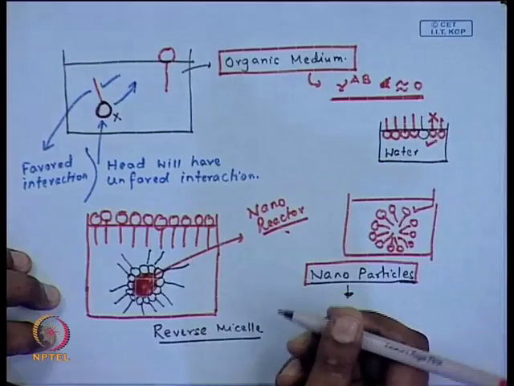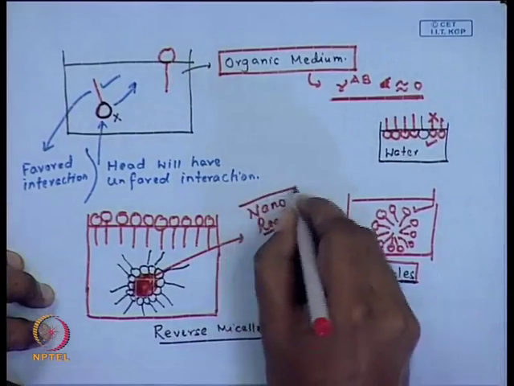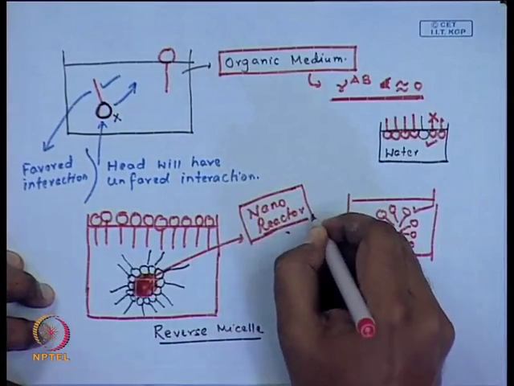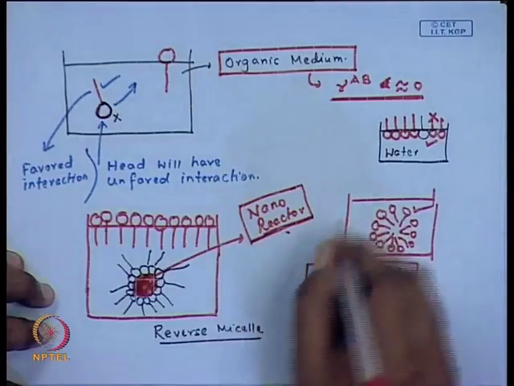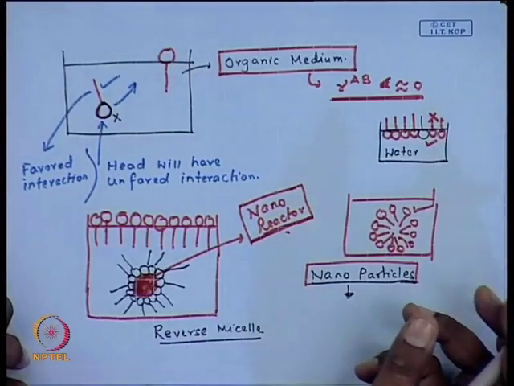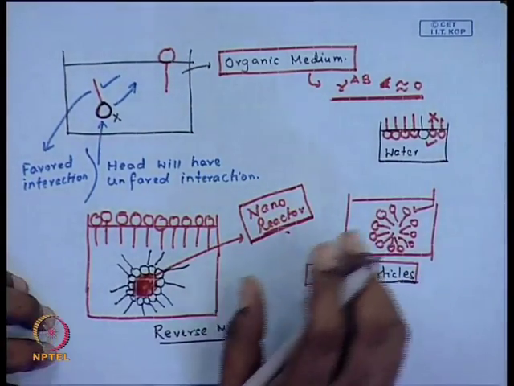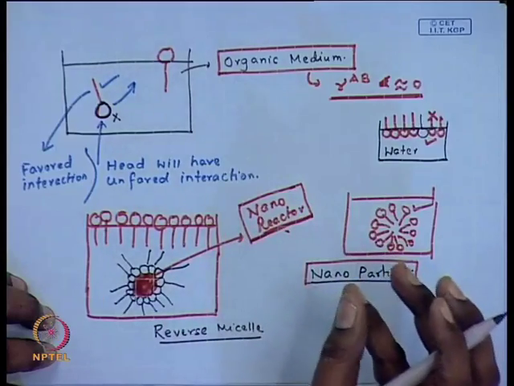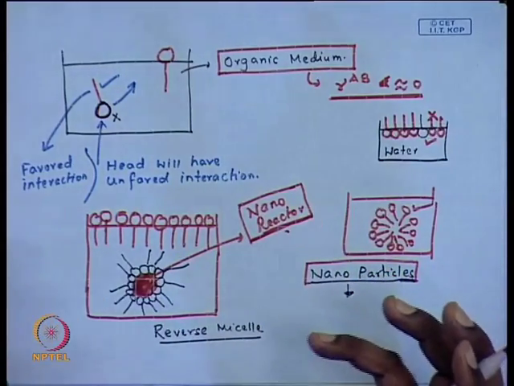So, a scientist can do a lot of things. One can pick the choice of surfactant, the concentration of surfactant, the choice of medium, etc. You can tailor the interaction and create different reverse micelles of different sizes, which in turn can control the size of the particles you synthesize.